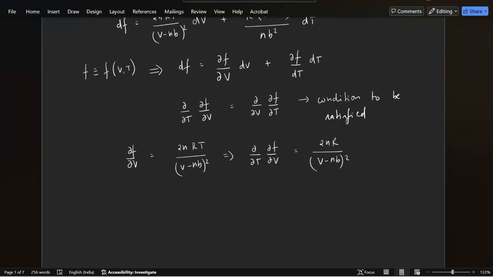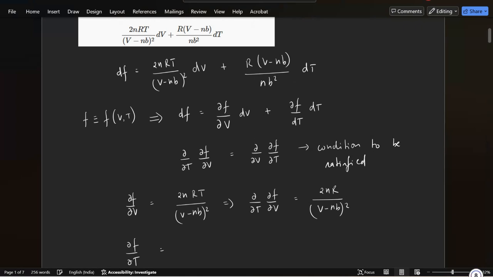And then if we take del f by del t, the value is R by (v minus nb). So if we do this, it equals R divided by (nv) square. And as you can see, both these are not equal.